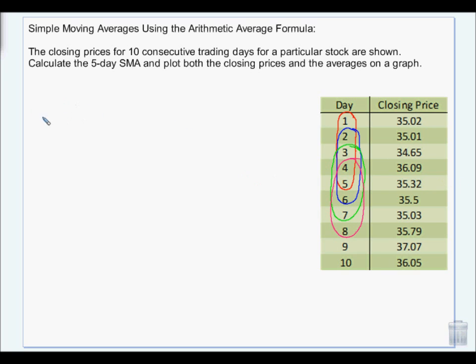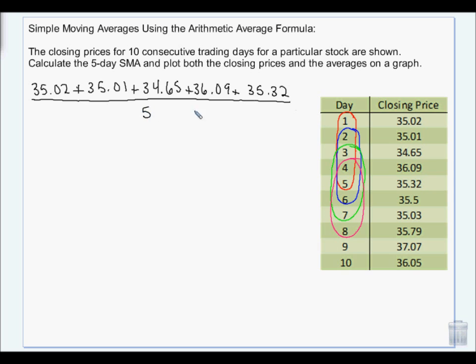All right, so first we're going to do it the long way. So we take the closing price. Okay, we're going to take the first 5 days. So I've got 35.02 plus 35.01 plus 34.65 plus 36.09 plus 35.32, right?